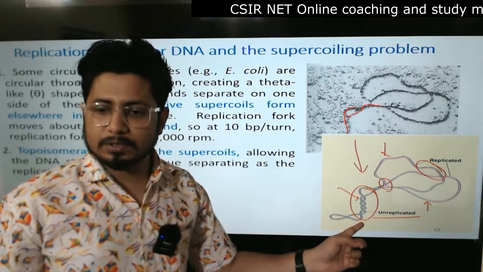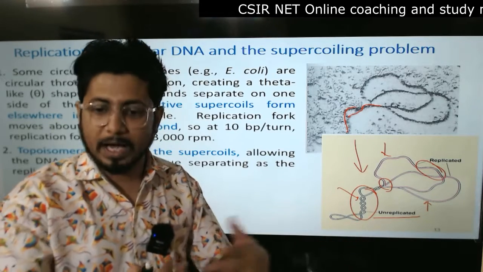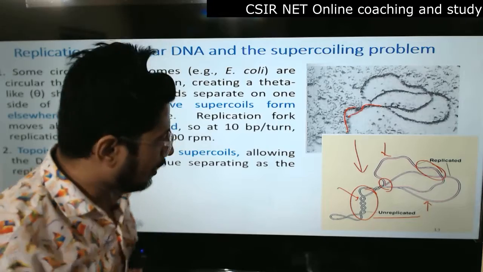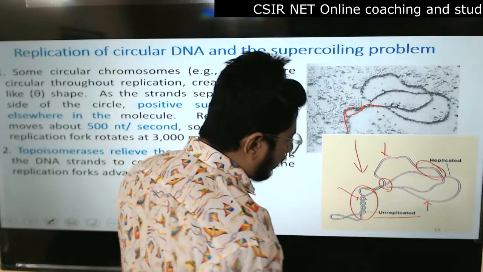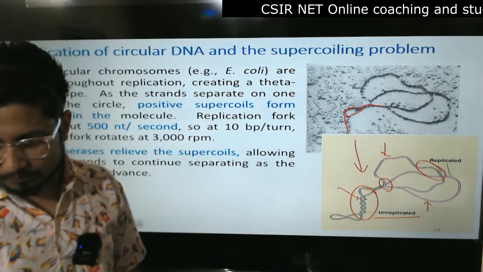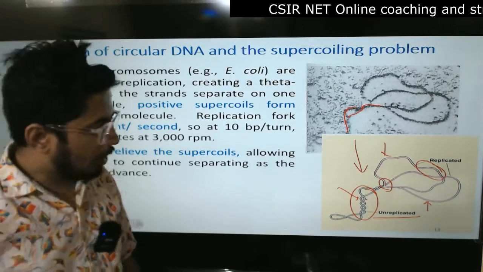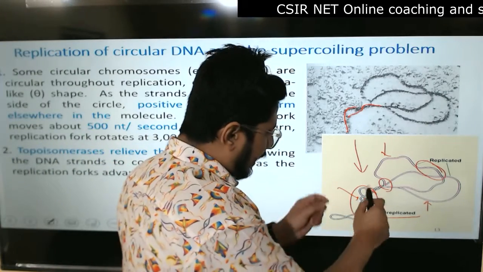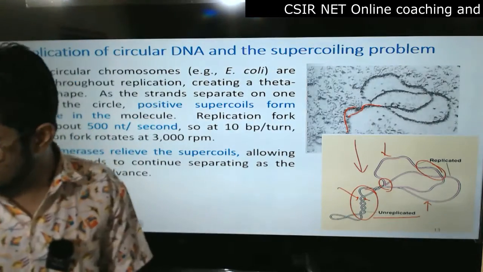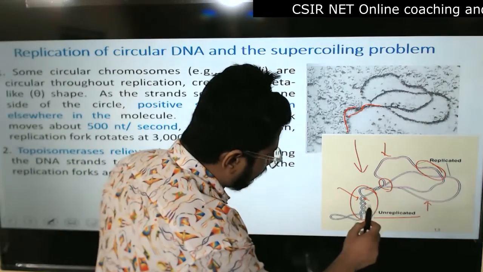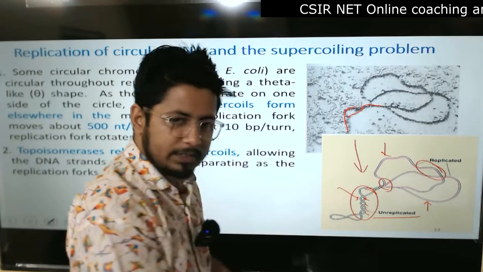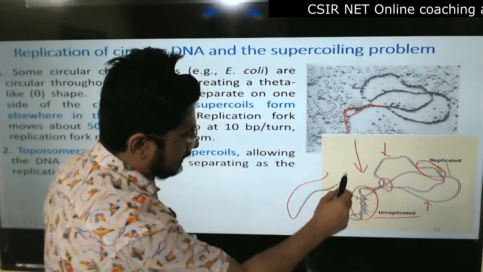So what is the process of releasing this tension that is forming upstream of the replication fork? Either we can cut one strand of the DNA, or we can cut both strands of the DNA and religate it to release the supercoil. For example, if we cut it 1, 2, 3, 4 times and join 4 separate times, it will be released like this.